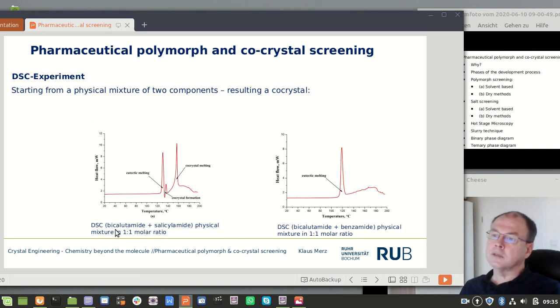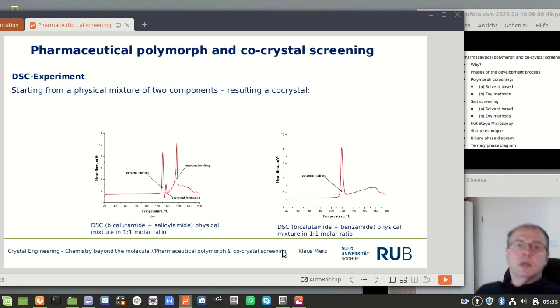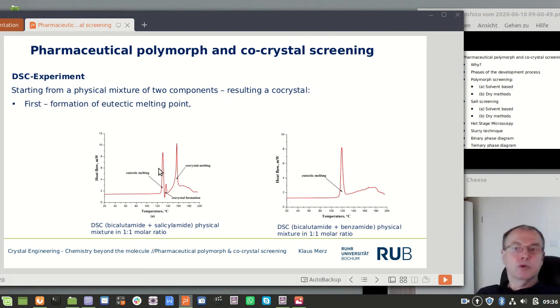Both are with amide, crystallized with salicylamide, and in this case with benzamide. Both start with a physical mixture, 1:1 ratio. And what happens, you see the difference. On the right side, we have only one peak, and here you see two peaks. First, both were the same: this is the eutectic point, formation of the eutectic melting point of the two physical compounds. And on the right side, that's all, nothing happens.